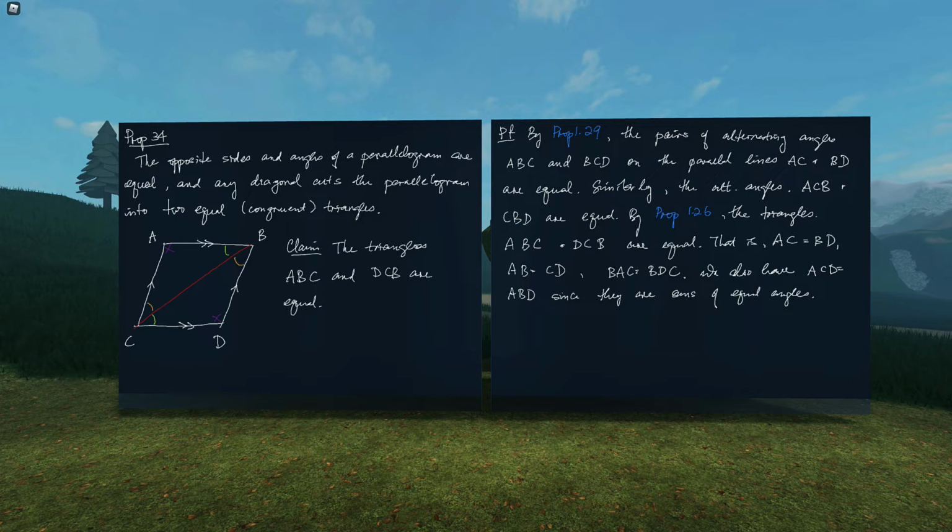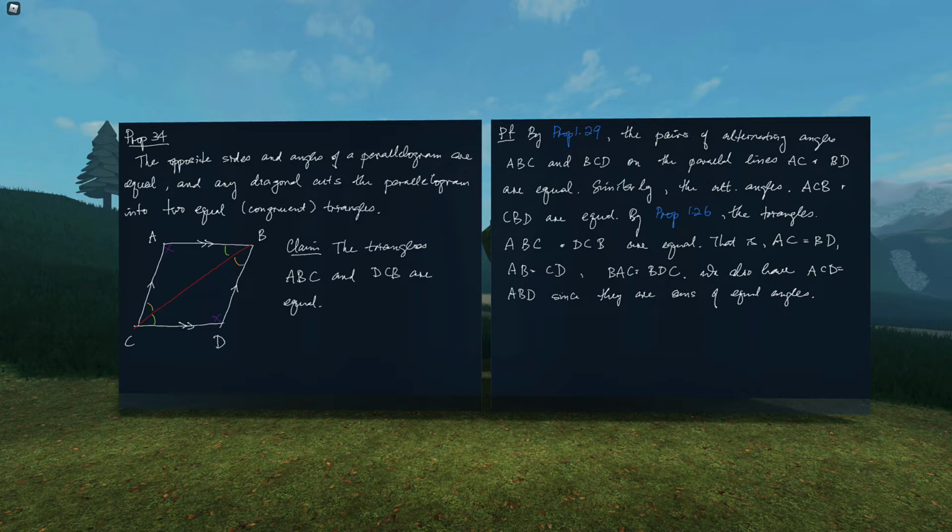And I think the reason why he does that is because proposition 1.4 in the statement actually explicitly says that if these conditions hold, right, two sides and the included angle are equal, then the triangles are equal, right? In proposition 1.26, there's no explicit statement that the triangles are equal, but in the proof, that actually is what is shown. So I think the argument given here is sufficient.